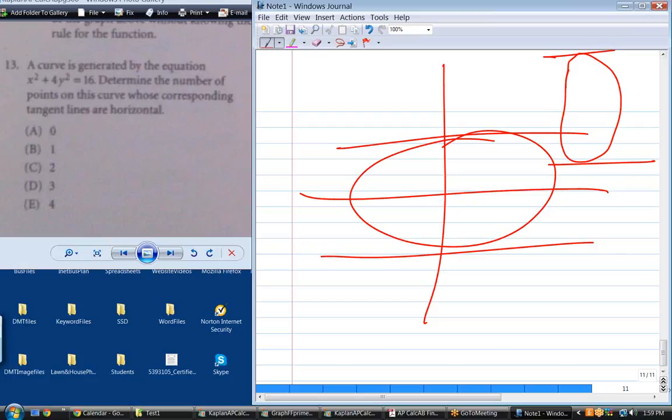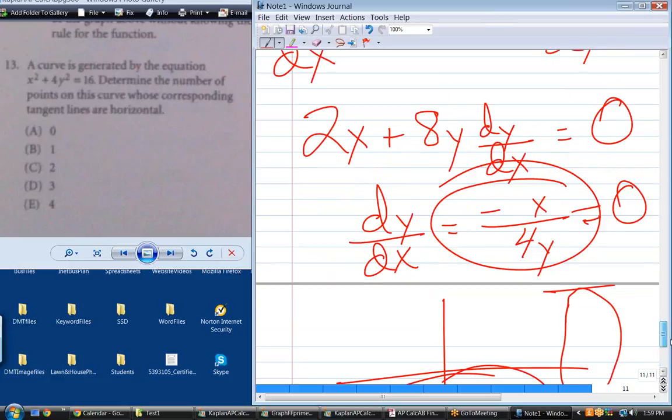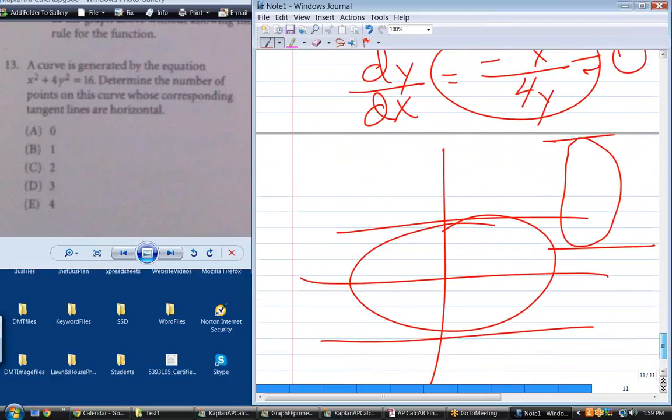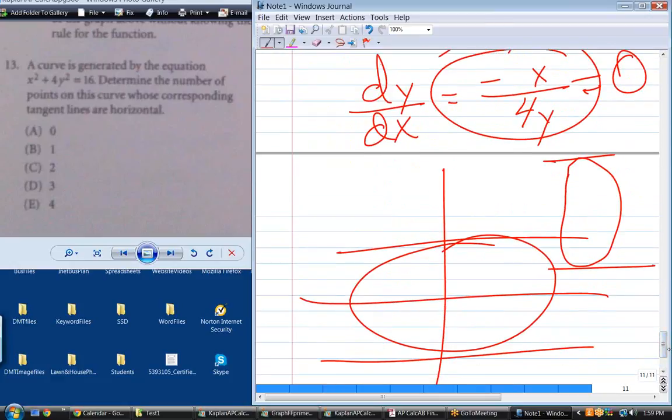Now, notice that the way I did it was to find out where on the x-axis we have horizontal tangent lines, and I came up with only one spot, 0. Well, that horizontal tangent line is at x equals 0, and so is that one. And so is that one, and so is that one.